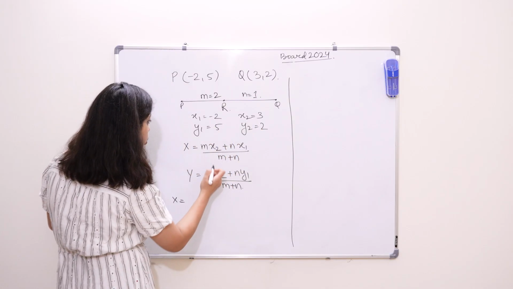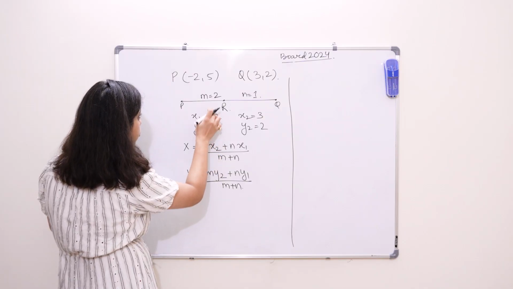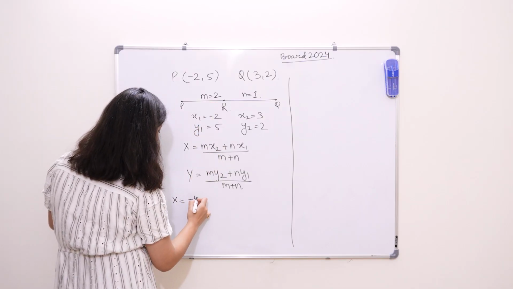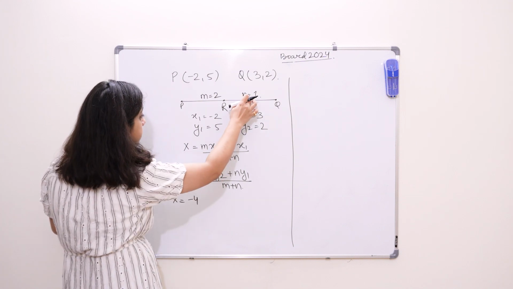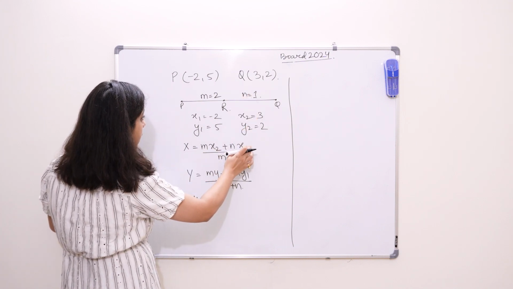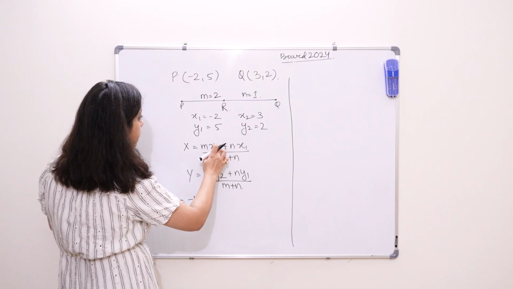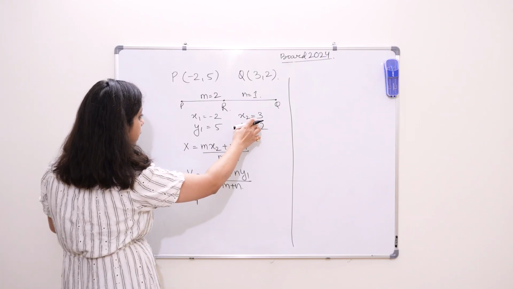m क्या है मेरा 2, x2 क्या था, x2 is 3, right?